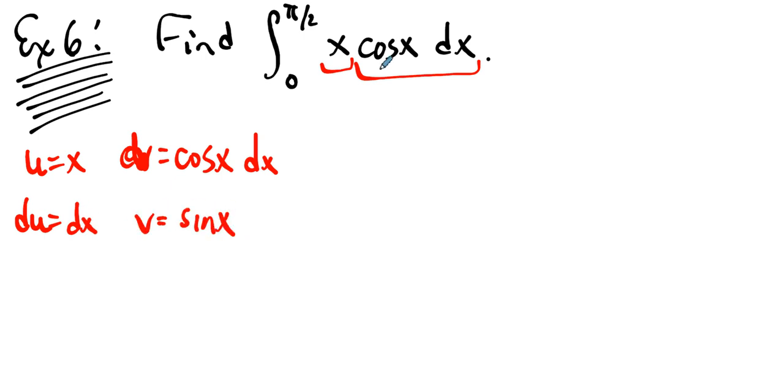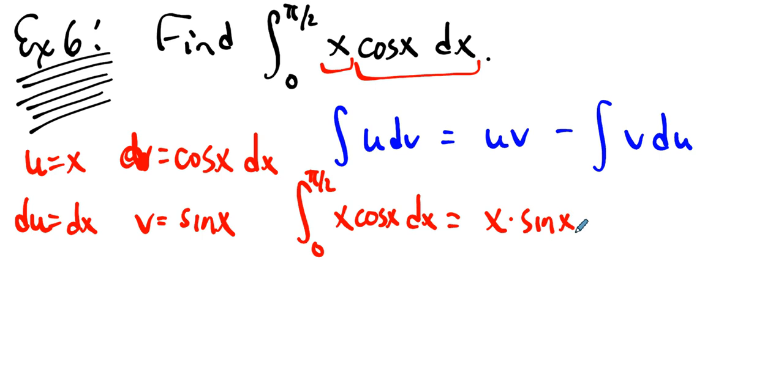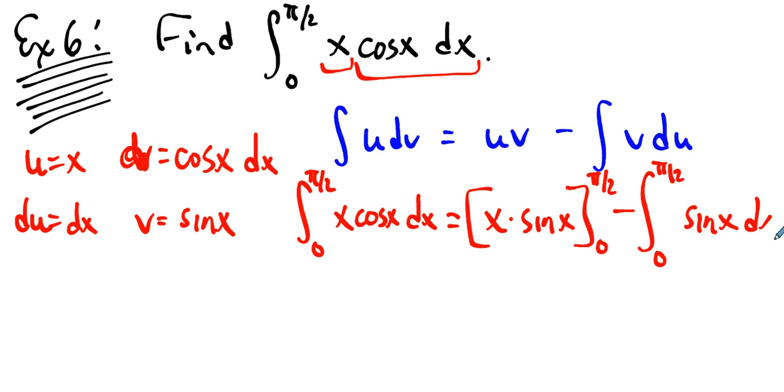And what do we do? Well, the integral of u dv is uv minus the integral of v du. So the integral from 0 to pi over 2 of x cosine x dx is uv evaluated between 0 and pi over 2 minus the integral from 0 to pi over 2 of v du.